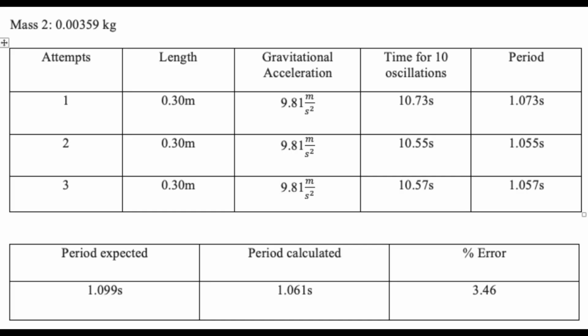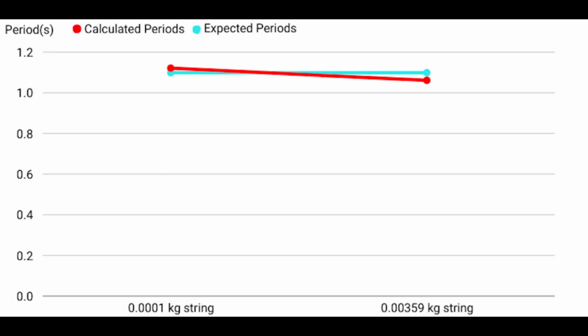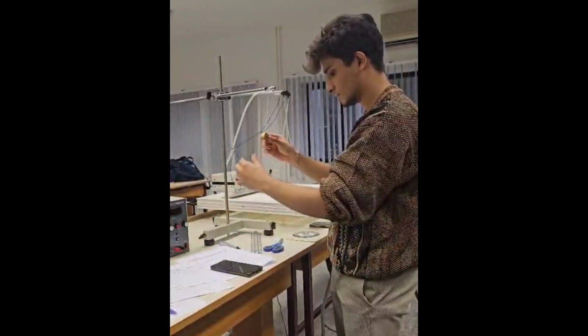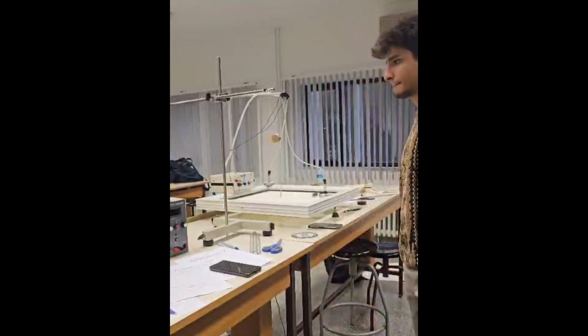And that is the data table for it. As we can see in that graph, when we increase the mass of the string, the simple pendulum movement gets distorted.